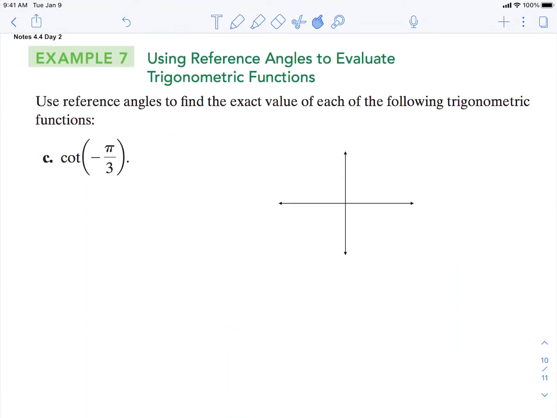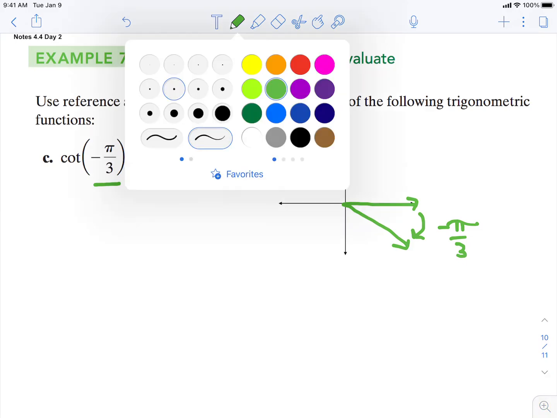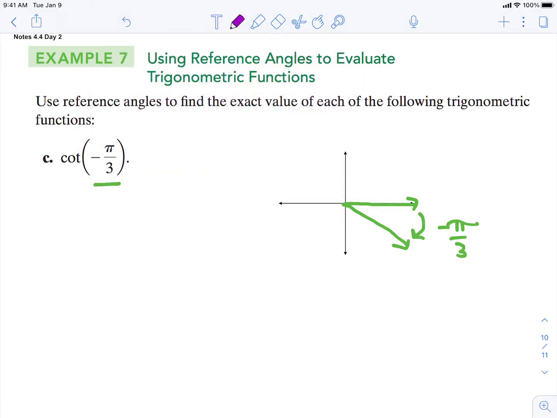Cotangent of negative pi over 3. So let's work with negative pi over 3. If we graph that, the direction is negative pi over 3. And then the reference angle, theta prime, is a positive pi over 3.